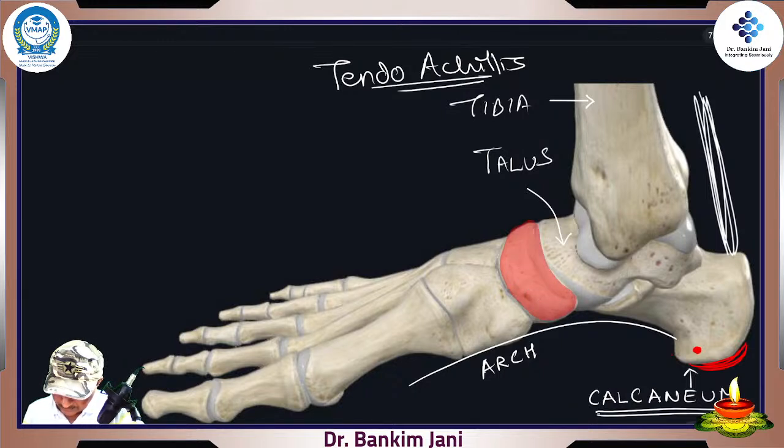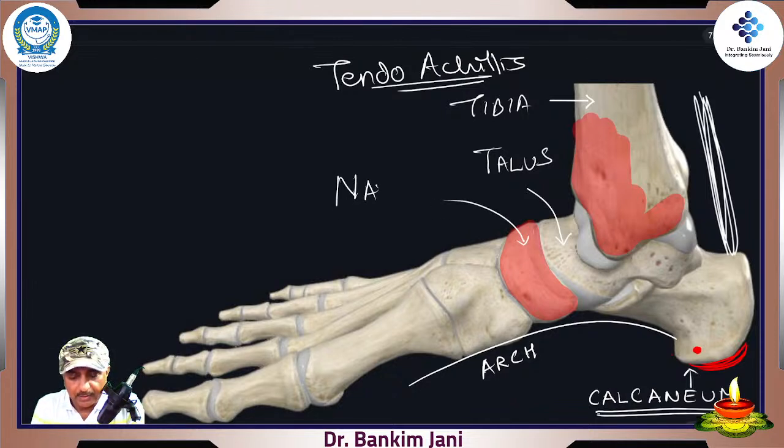This one which I have highlighted is the tibia. Then in between is the talus, and this highlighted structure is the navicular.